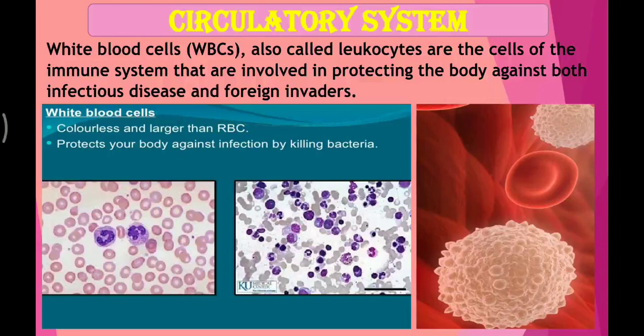So the immune system is involved in protecting the body against both infectious diseases and foreign invaders, microorganisms like bacteria, virus, fungus, whatever is coming against it, it fights. And sometimes this immune system also goes down. You might have heard about HIV.